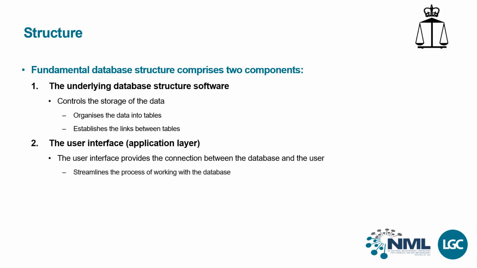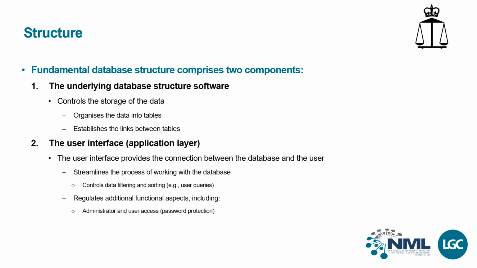It streamlines the process of working with the database, controls data filtering and sorting requests generated by user queries, and regulates additional functional aspects, including administrator and user access, e.g. password protection, data input and export.